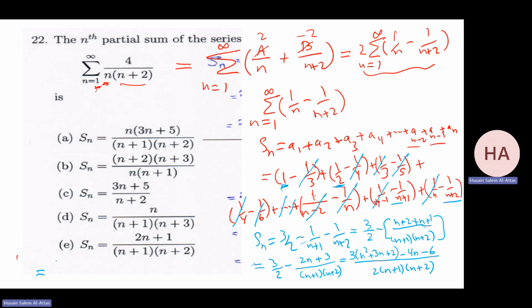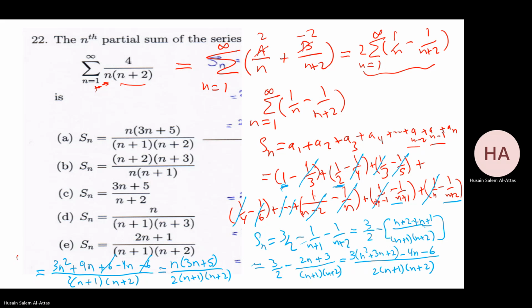That gives me 3n squared plus 9n plus 6 minus 4n minus 6 over this. That gives me what? This cancelled. So I have 3n squared plus 5n. I can take n common factor. I have 3n plus 5 over 2 times n plus 1 times n plus 2. Don't forget, I have a 2 here.